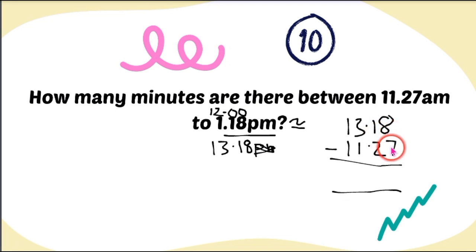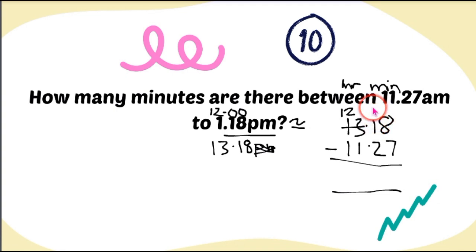Well, 18 cannot subtract 27, so we have to borrow 1 hour from here. But when 1 hour comes to this place, it becomes 60 minutes, because this is actually hour and minute. So 1 hour changes to 60 minutes.